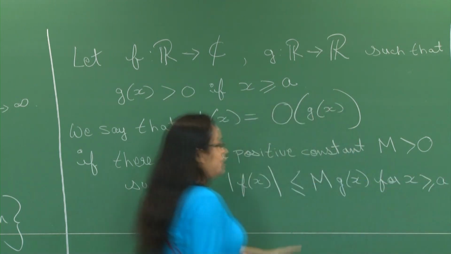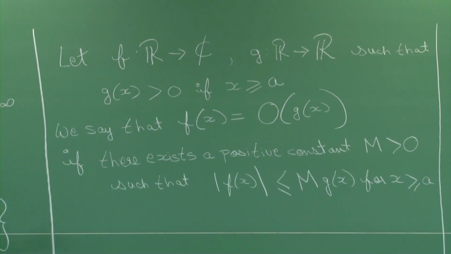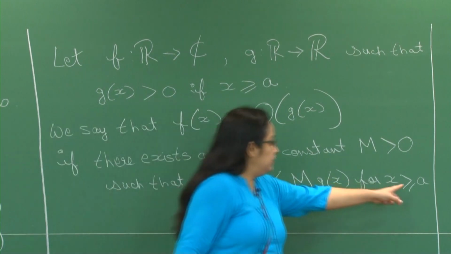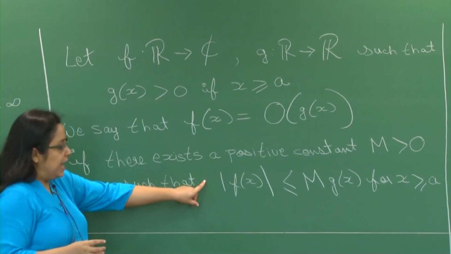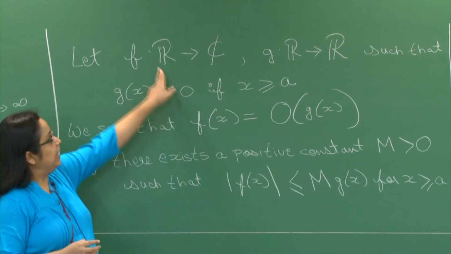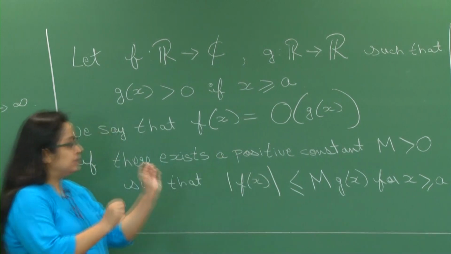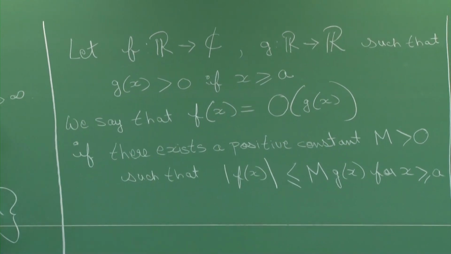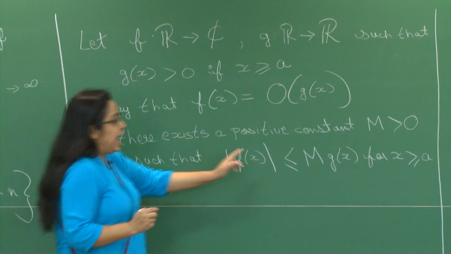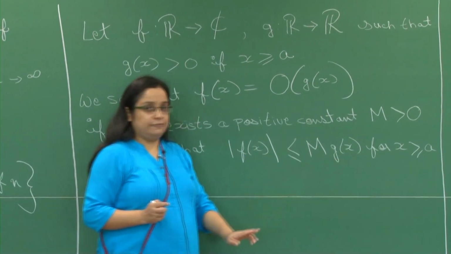So, let us say you have a real valued function g which takes positive value beyond the real number a, and we have this condition that absolute f of x, see f can take complex values as well, but absolute f of x is telling you about the size of f of x. It is at most a certain scalar multiple of g of x.